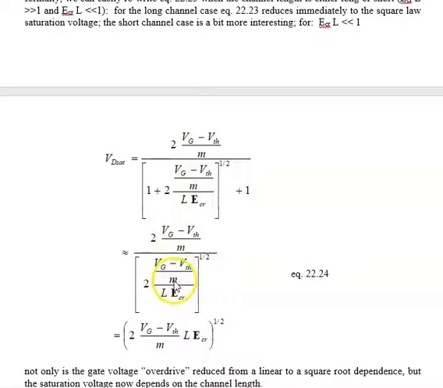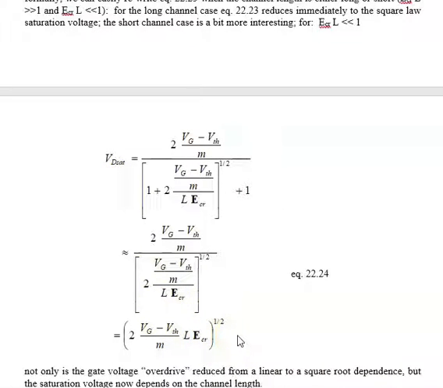Relatively easy. We just flip it on its end here, and so 2 comes up here. It becomes square root of 2. This becomes square root of Vg minus V threshold, and we have another square root of L E critical. So the VD sat now becomes this term.